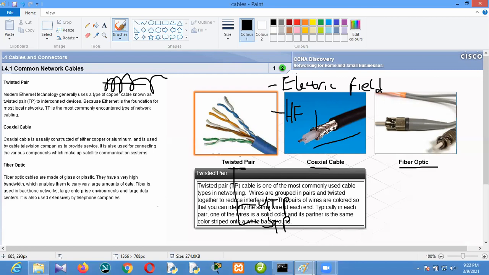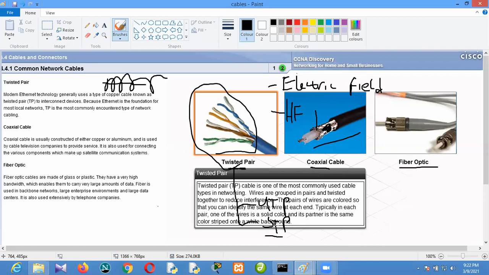What you are looking at now is UTP, that is unshielded twisted pair. Why did I say so? Because it does not have this kind of wire gauze. The ones that have this type of wire gauze are called shielded twisted pair.